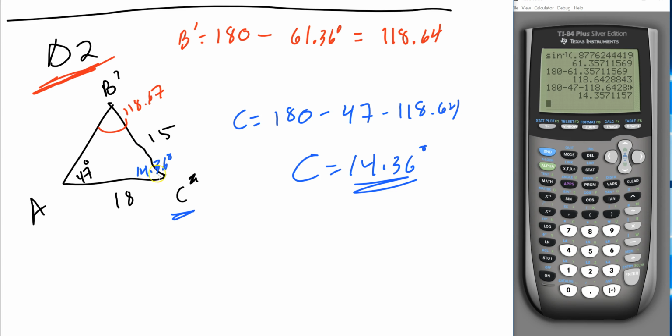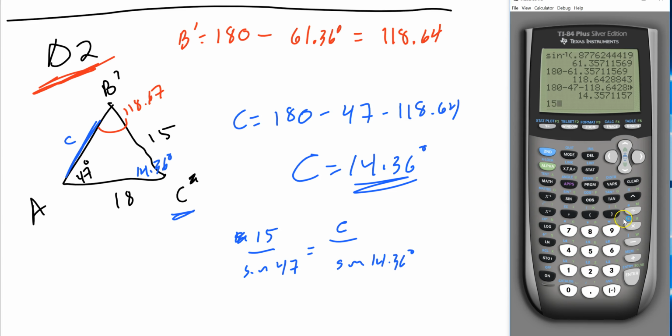And I get that from my angle. How do I find my missing side here? Well, law of sines, I have a pair. I'm going to do 15 over sine of 47 equals C over sine of 14.36. Multiply both sides by sine of 14.36, I meant.